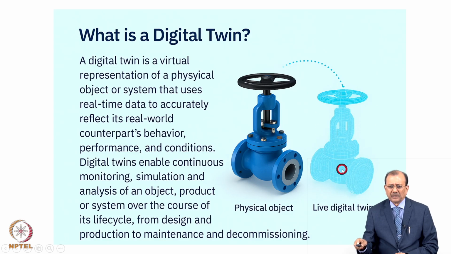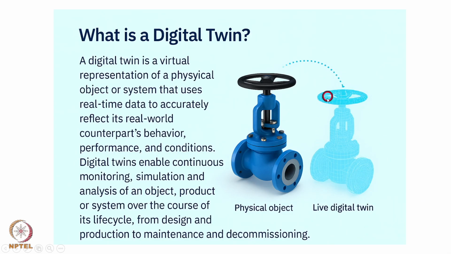Suppose we have a 3D view of this physical object in the computer system, and we try to capture the functioning and parameters, right from the design, fitting, assembling and commissioning, and afterwards, while using this equipment, what kind of data it is generating, then it will become a digital replica. We call it a digital replica.